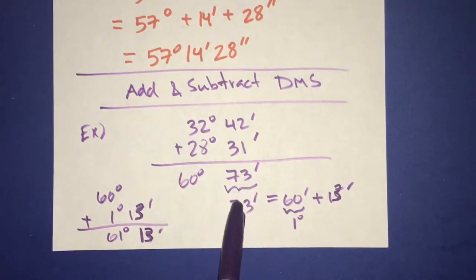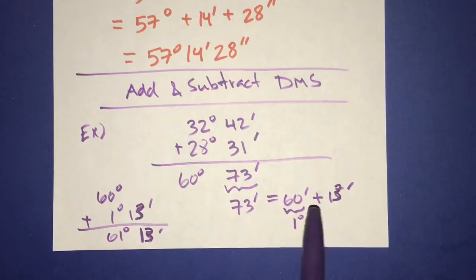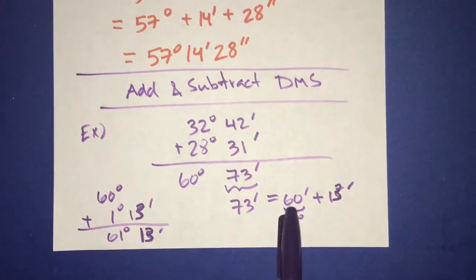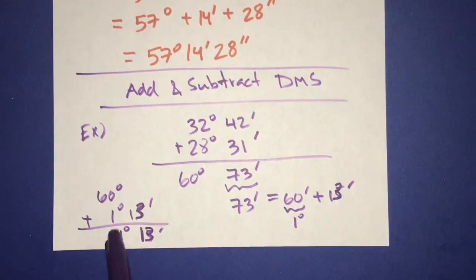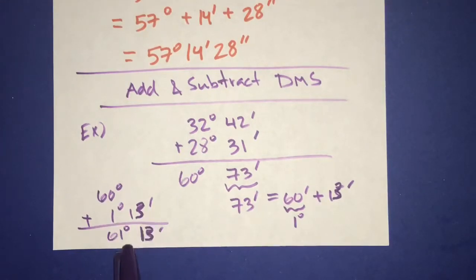But we see we could break this up. 73 minutes is the same as 60 minutes plus 13 minutes. And if we remember from our conversion, 60 minutes is the same as 1 degree, so we can regroup these. So 60 degrees plus 1 degree plus 13 minutes is equal to 61 degrees and 13 minutes.